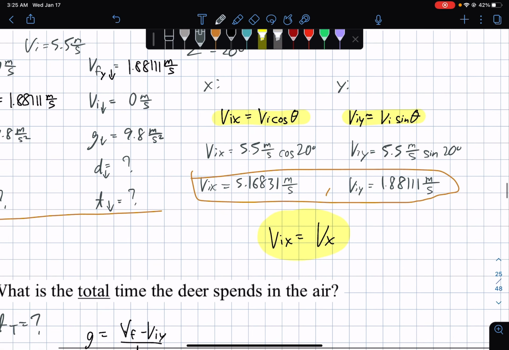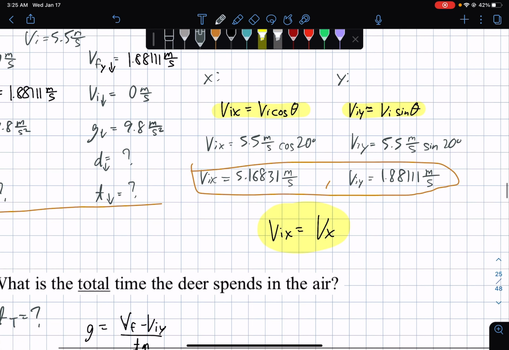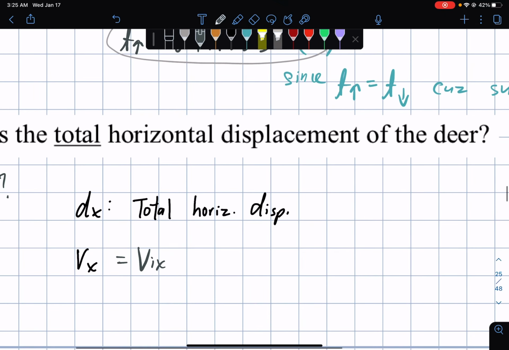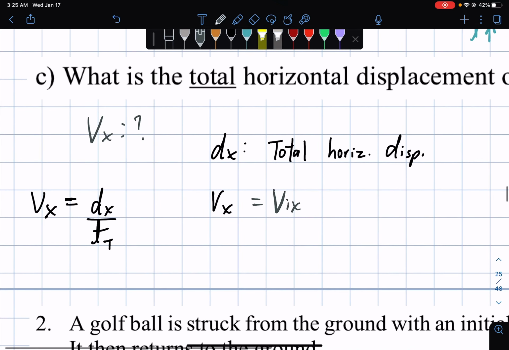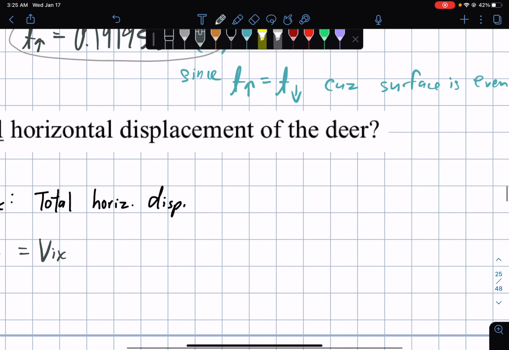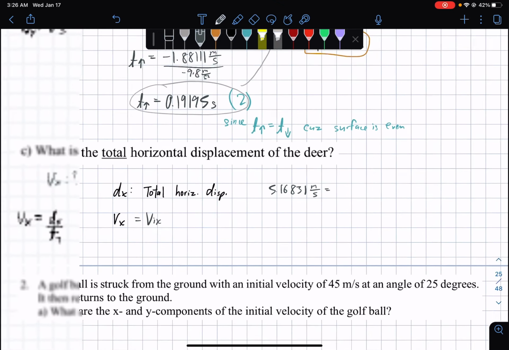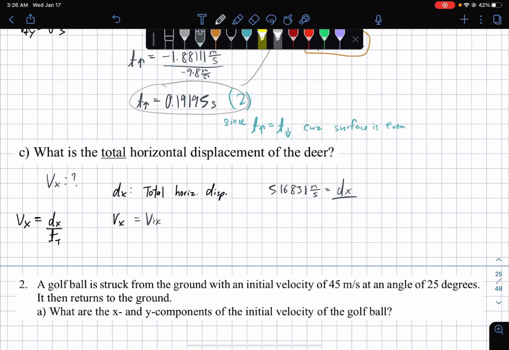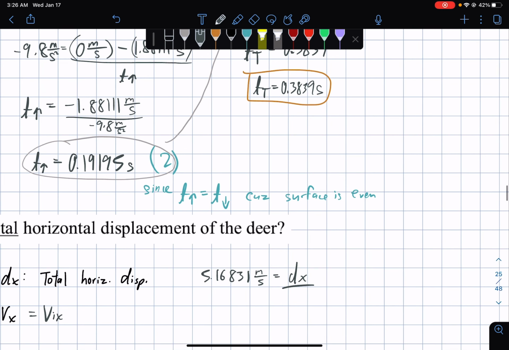Well, yes. Vix is 5.16831. What is the time total? We just solved for it a while ago.